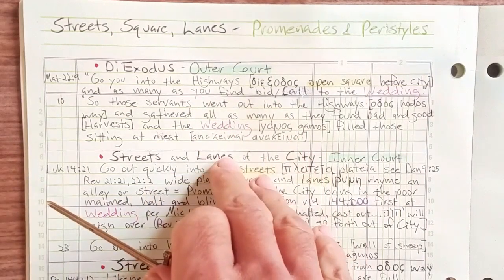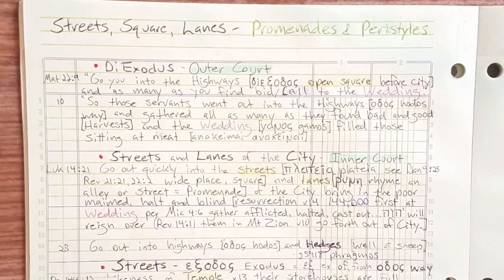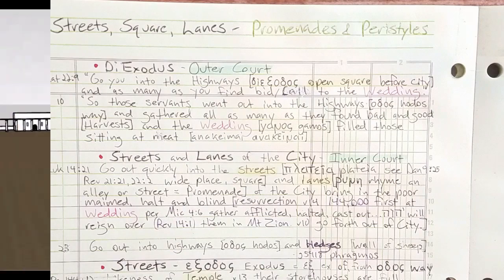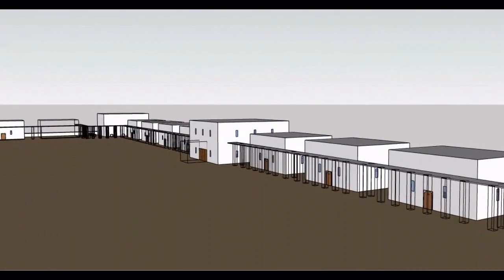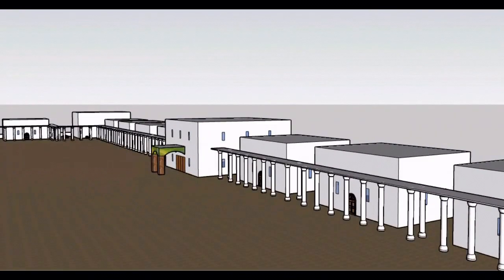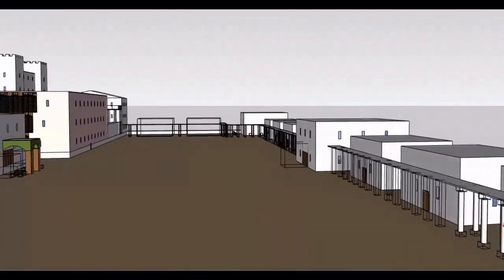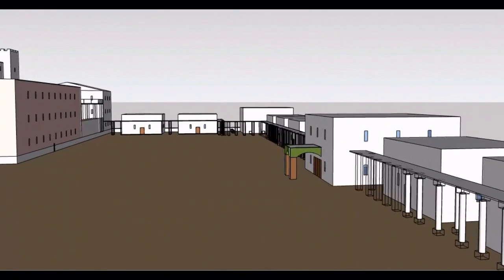So again, we'll make a blog post where we'll include our notes here. These notes will be posted, and as well, we'll now get into the spaces of the pillars. Back to the 3D model and the view of the peristyle of the outer court. Very exciting to share with you. And over there to our left, we'll also look at the inner court.